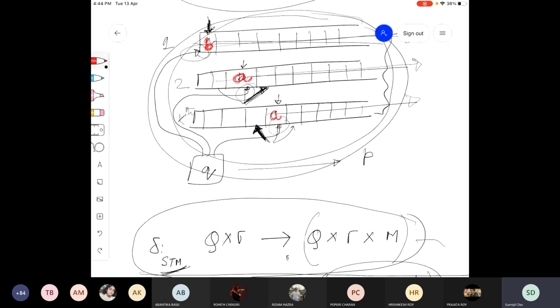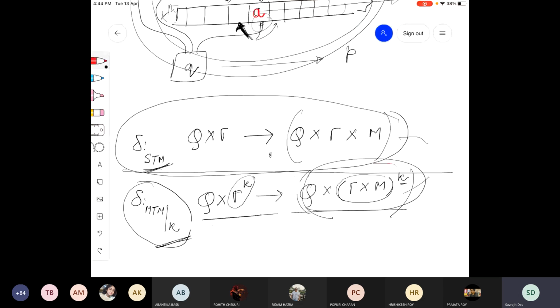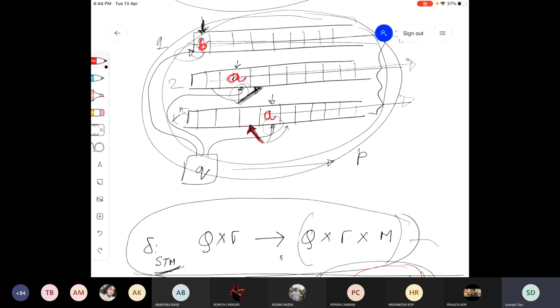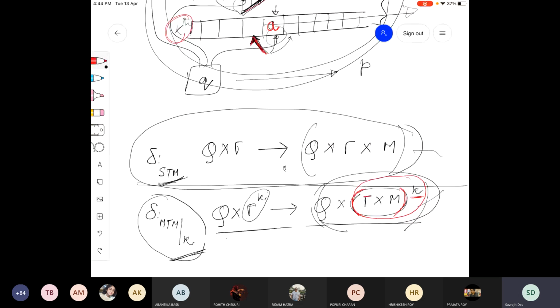What does that mean? It essentially means you are deciding on tau cross m, the movements, total to the power k. Three different moves: move left for the third tape, move right for the second tape, remain there for the first tape, and three different symbols are changed. So for three different symbols changed, tau cross m, the movement pattern, raised to the power k.